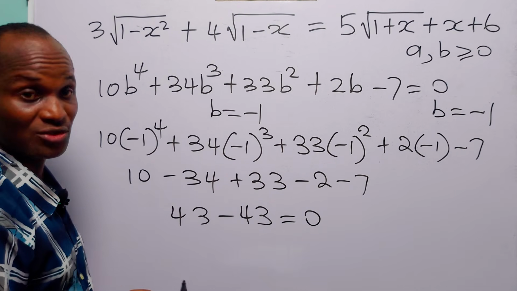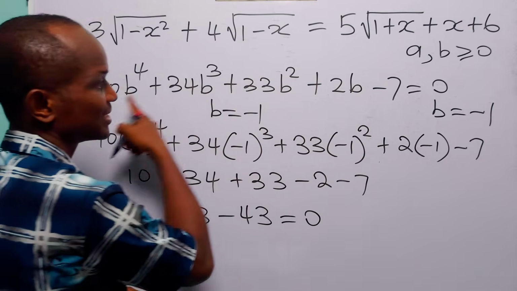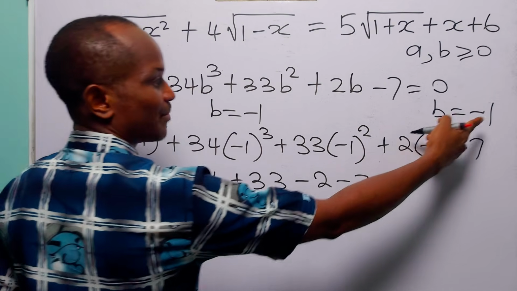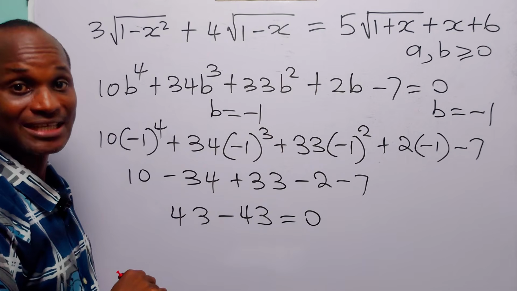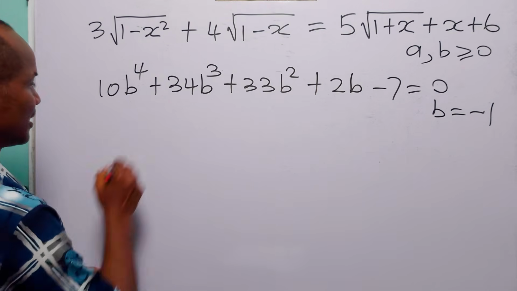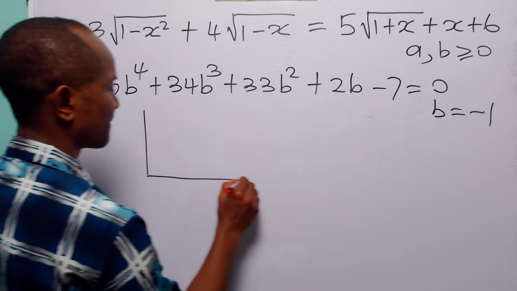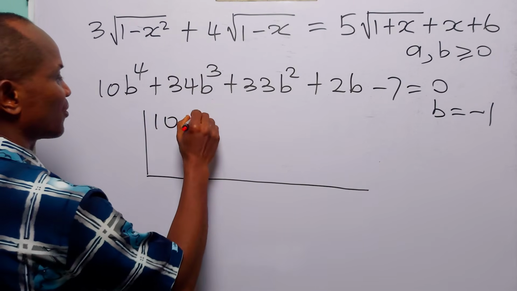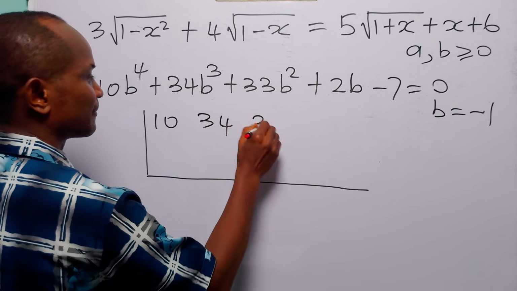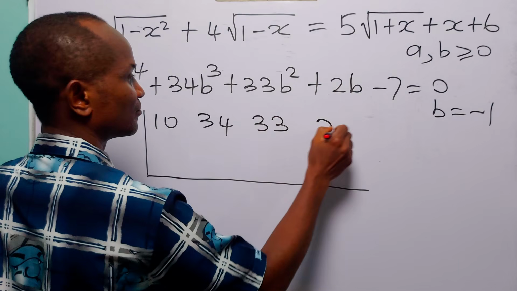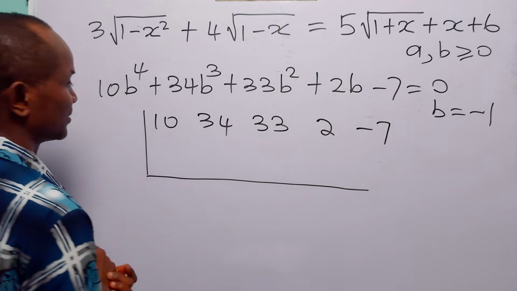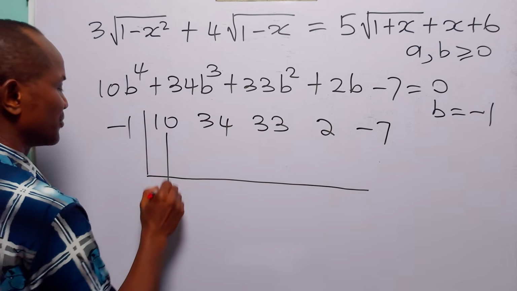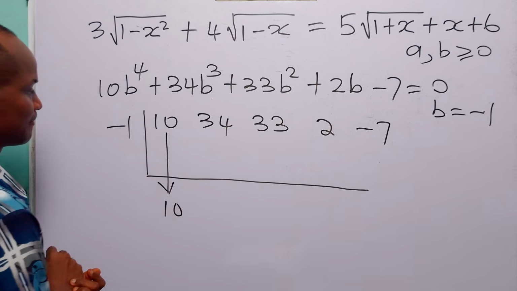Now, the next thing we are going to do is that we will reduce this quartic equation to a cubic equation by dividing by minus 1 using the synthetic division method. Now, we have 10, 34, 33, 2, and minus 7. We are dividing by minus 1. We bring down 10.